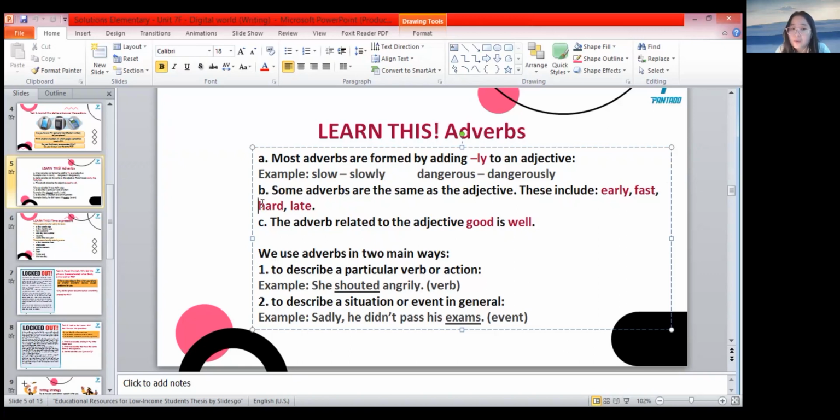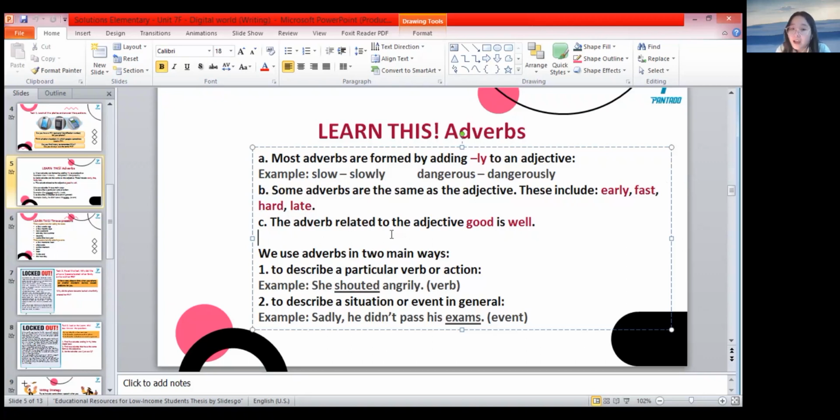We have hard. We don't use hardly because hardly is another word which has a different meaning. We have late and late. So early, fast, hard, and late can be both adjectives and adverbs. But remember, don't use hardly and lately, because they are different words.